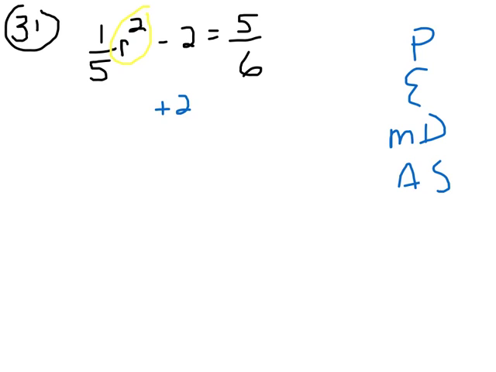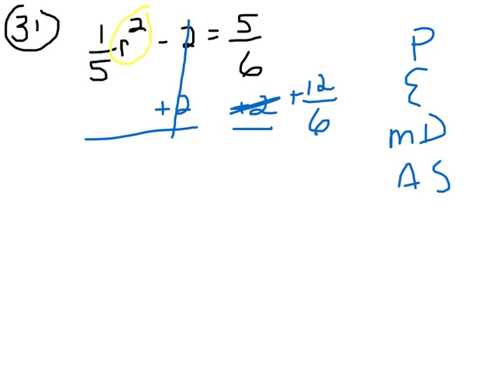Now, when I add 2 to the other side, don't I really need to get a common denominator because I'm going to be adding a fraction and a whole number over there? What would 2 be with a denominator of 6? 12 over 6, right? I could have written this as plus 12 over 6 if I wanted to write it with a common denominator right off the bat. I could do that. And you just thought fractions were in your past, right?